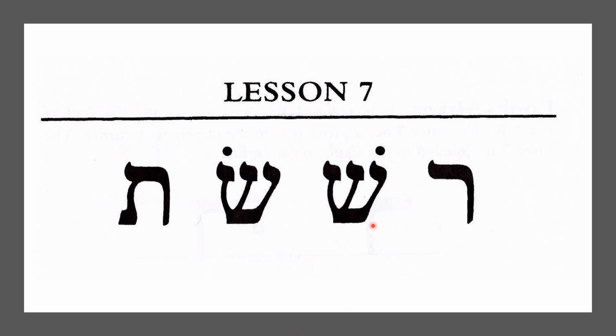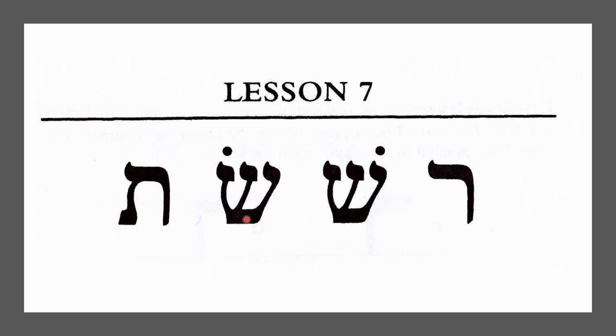Shin we've learned before, and I think we talked about before that this kind of looks like a ship going forward with the sails unfurled, if you will. But the other way to look at this, to distinguish between the SH and the S sound, and this only works when we have actually vowels on the page, which is what you'll be dealing with for a while, is that this is pronounced sin and this is pronounced shin.